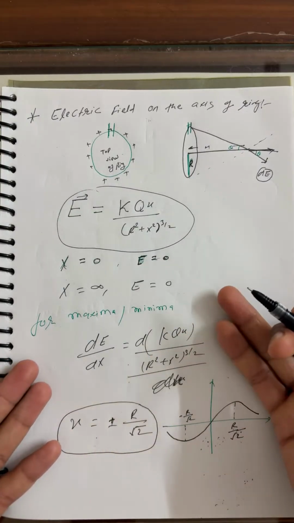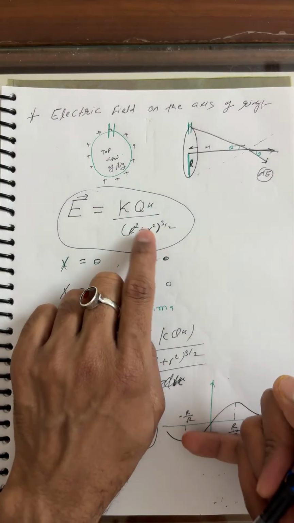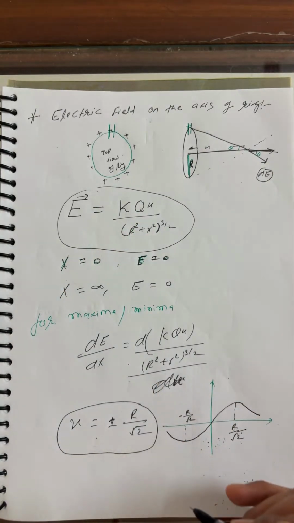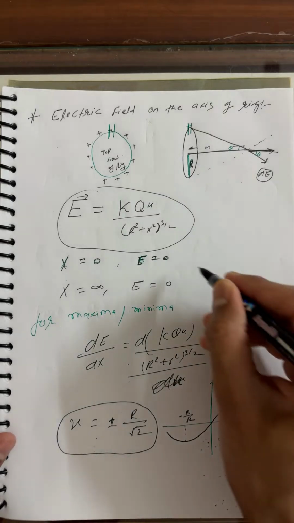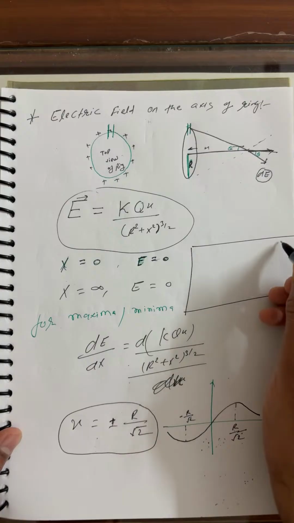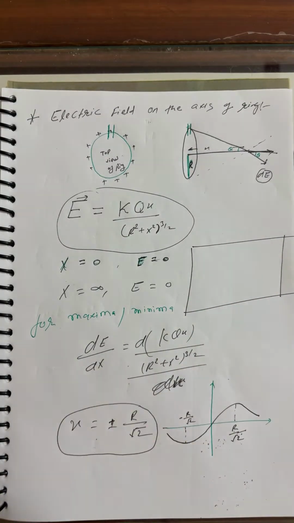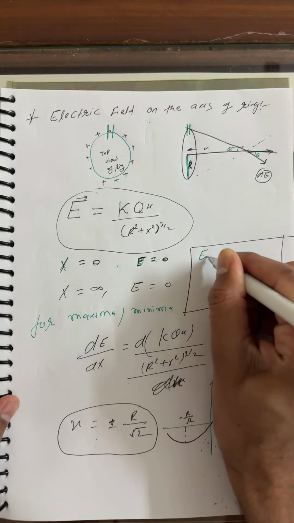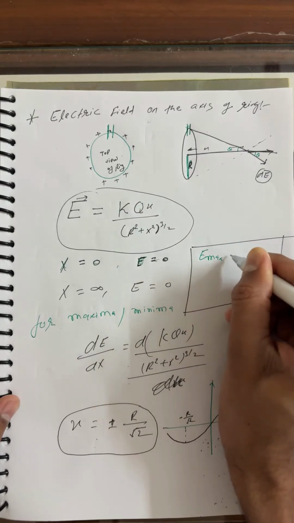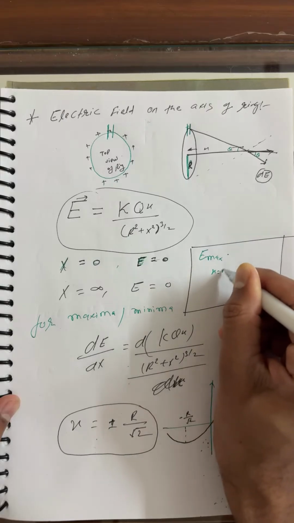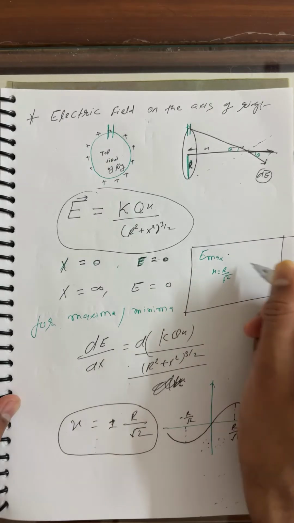They can also ask what the electric field maxima is. Simply put x equals plus R by root 2. This has been asked multiple times, so the result is straightforward. For the maximum electric field, x equals R by root 2.